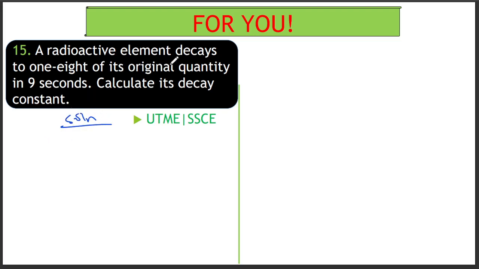All right, so a radioactive element decays to 1/8 of its original quantity in 9 seconds. 1/8. So I can start with 1. Remember, this will be 1 over 2, 1 over 4, 1 over 8. Once I get to 1/8, I will stop.